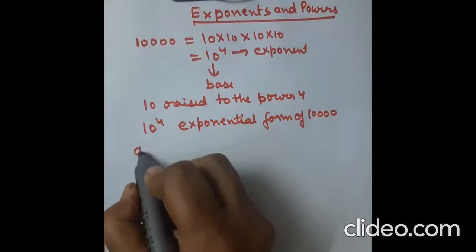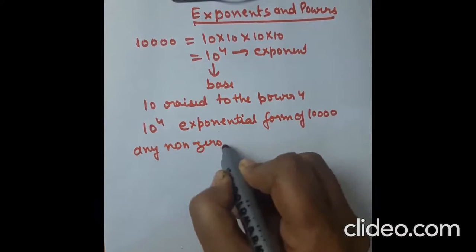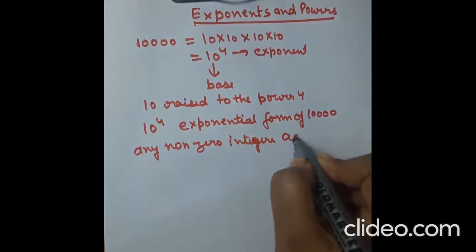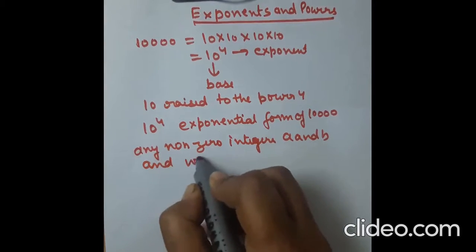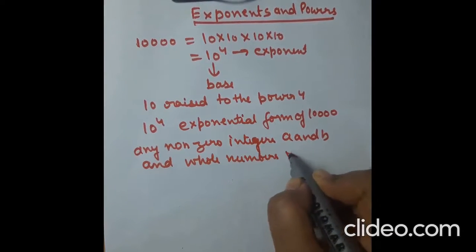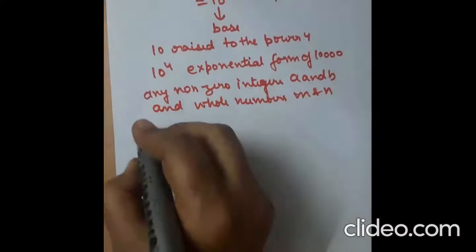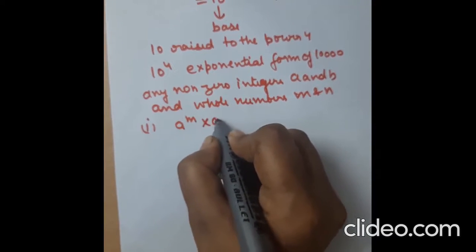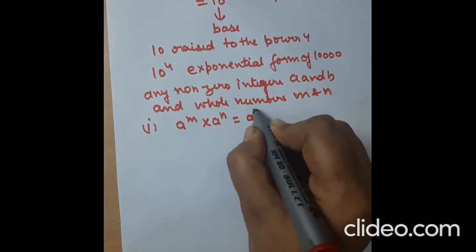For any non-zero integers a and b and whole numbers m and n, the laws of exponents are: a raised to the power m multiplied by a raised to the power n. In multiplication, the base is the same, so we add the powers.